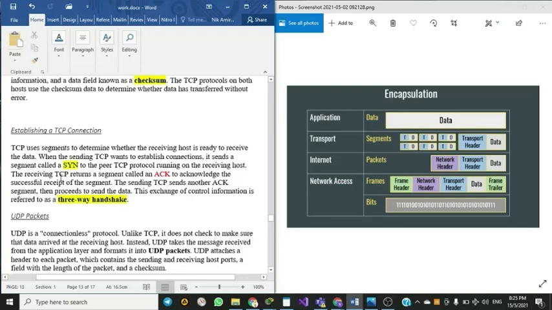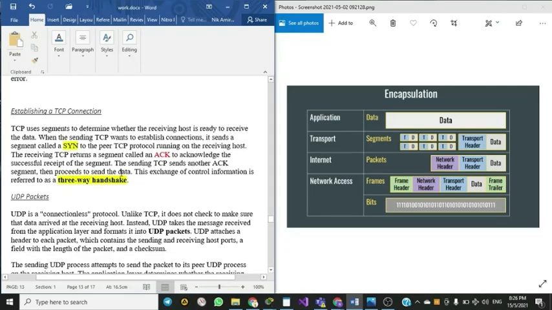The receiving TCP returns a segment called ACK to acknowledge the successful receipt of the segment. The TCP will send another ACK segment and proceed to send the data. This exchange of control information is referred to as the three-way handshake.